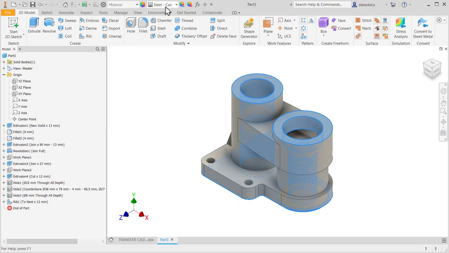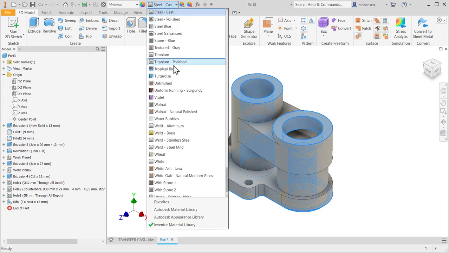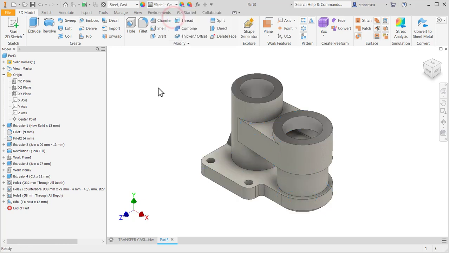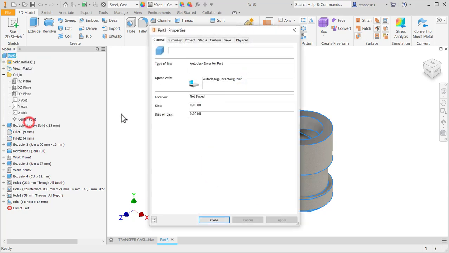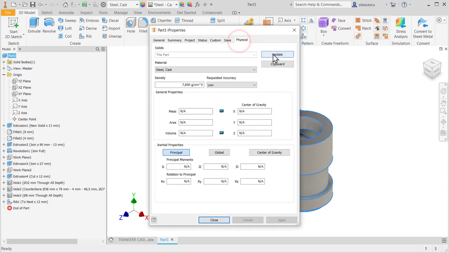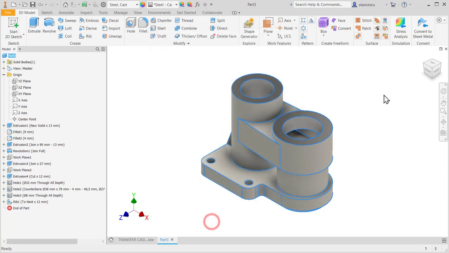Okay, what aspect? Polished. Data, 2.1 kilograms. That's all for the moment.